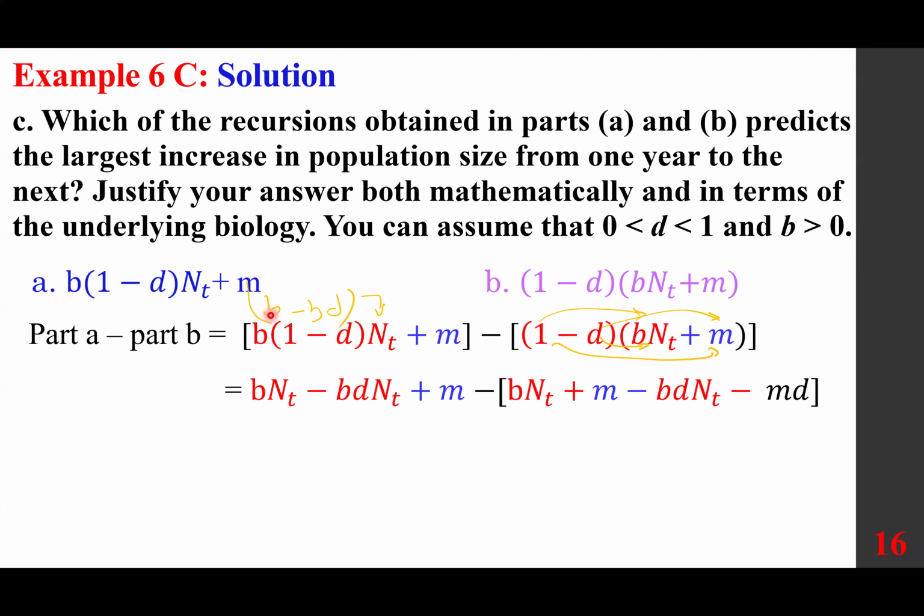This one will give us B times N sub T minus BD N sub T plus M minus D M, minus this gives us 1 times B N sub T plus M minus DB or BD N sub T minus M D or DM. This one we don't touch. This one, every term changes the sign. So this becomes negative, negative, positive, positive.